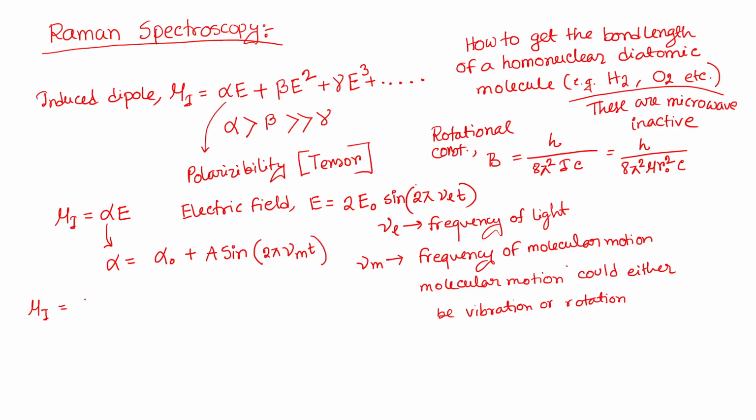Mu induced is then a multiplication between alpha 0 plus A sin(2π ν_M t), and the electric field, which is 2E0 sin(2π ν_L t).